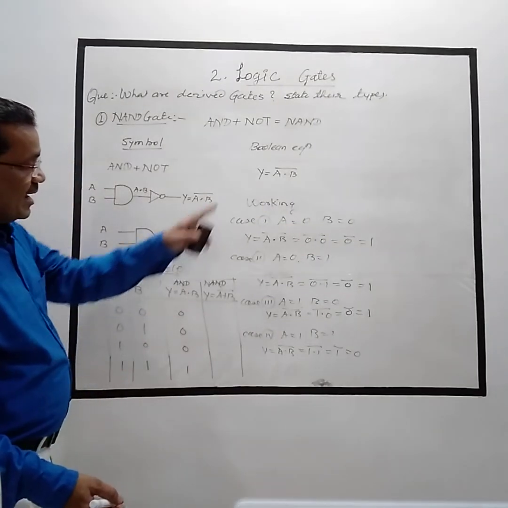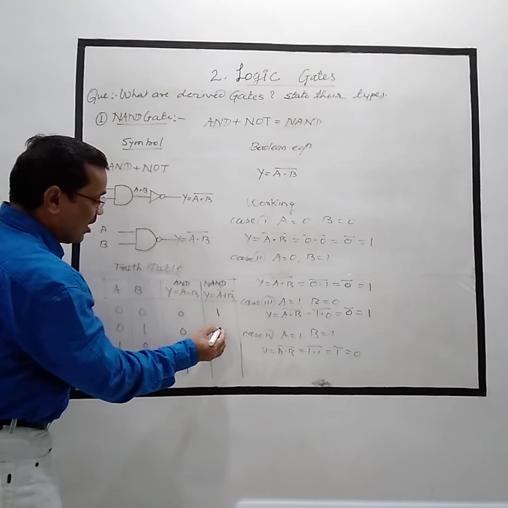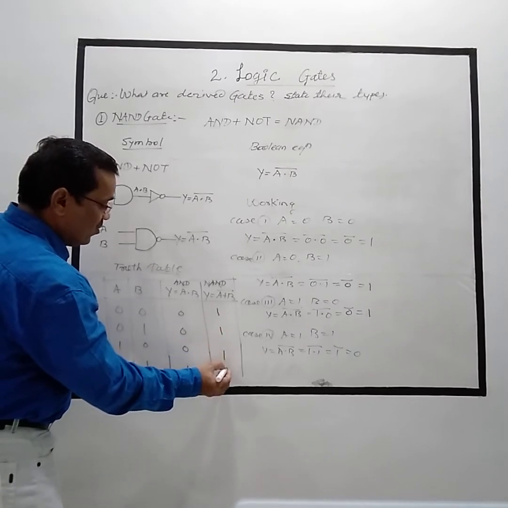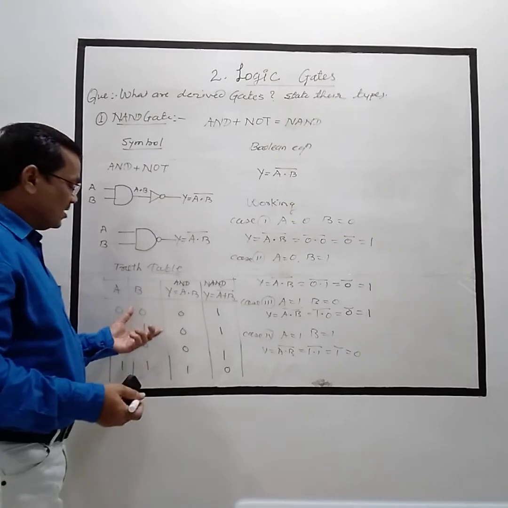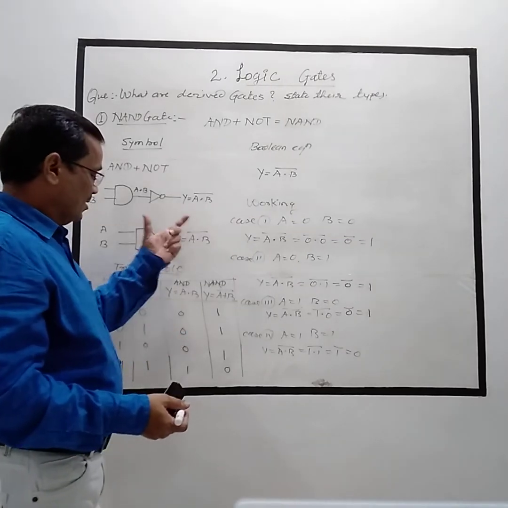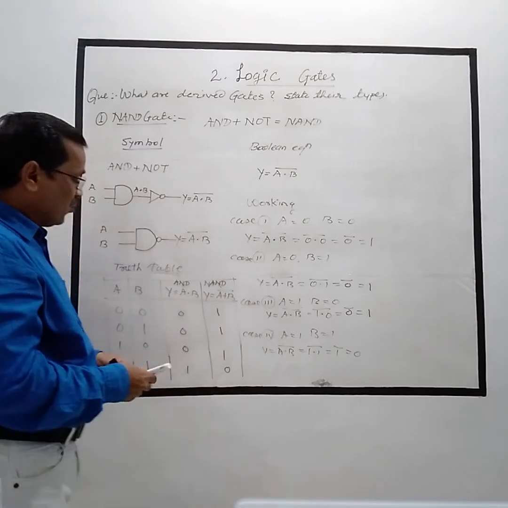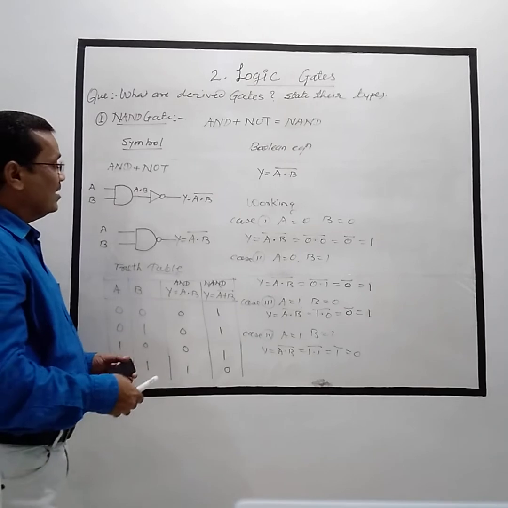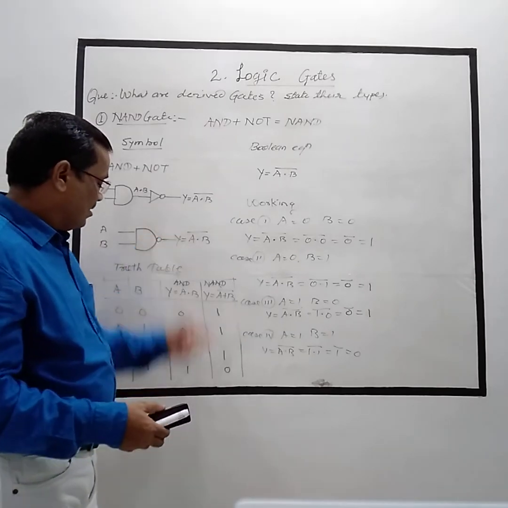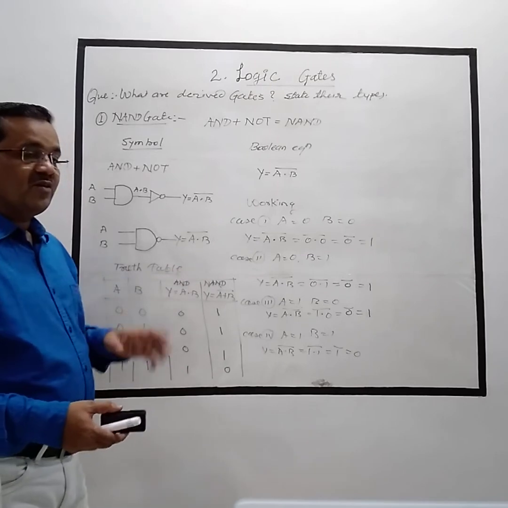That means except the last condition, all the outputs are 1: 1, 1, 1, 0. So by using the truth table or by comparing the two outputs, AND gate and NAND gate, their outputs are exactly the inversion or complement of each other.